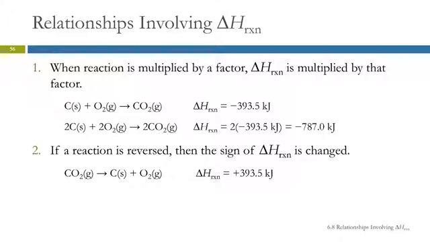You can't lose or gain energy by just doing physical transformations like that. Same thing with chemical reactions. This reaction in the forward direction released 393.5 kilojoules. If we want to run it backwards, we have to put 393.5 kilojoules of energy back into it. So when you change the direction of the reaction, you change the sign on delta H.